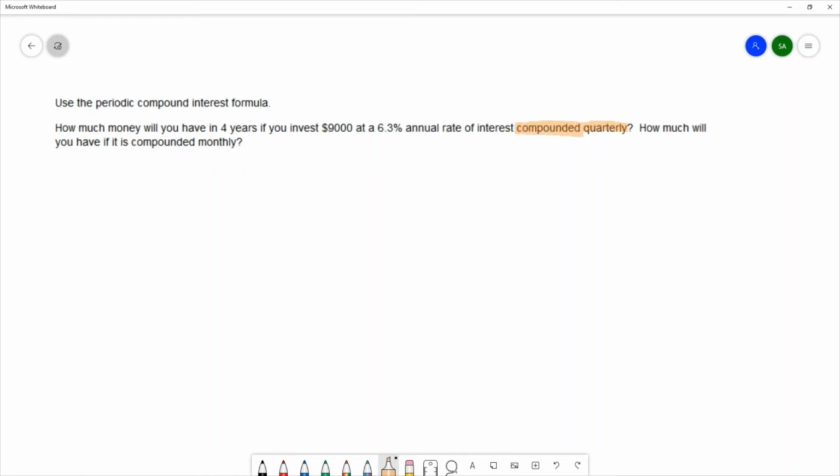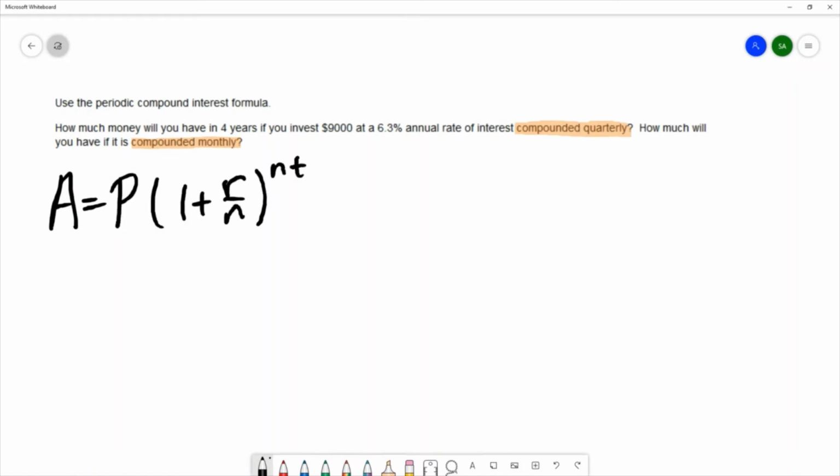Compounded quarterly and compounded monthly indicate that you would use the formula A equals P times 1 plus r over n to the nt. The other formula, A equals P e to the rt, is for situations when interest is compounded continuously.